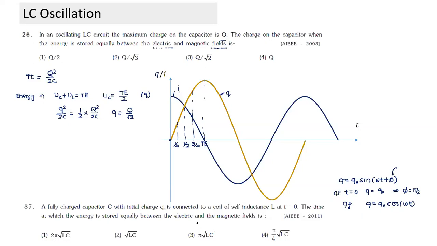How much time will it take for energy to become equal between electrical and magnetic field? How do you find it? What has to be the value of Q when they become equal? We have already done this. Energies are equal when Q has to be equal to Q naught by root 2. So at time t, if energy is equal, Q is equal to Q naught by root 2, which is equal to Q naught cos of omega t.